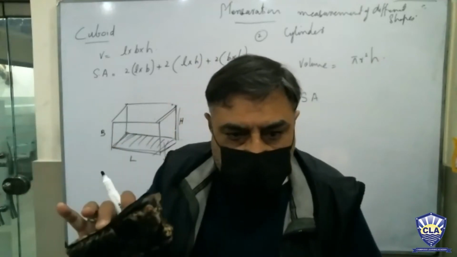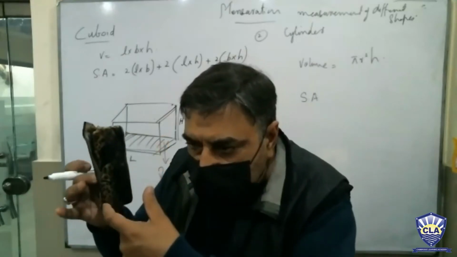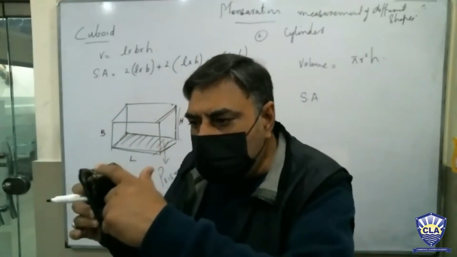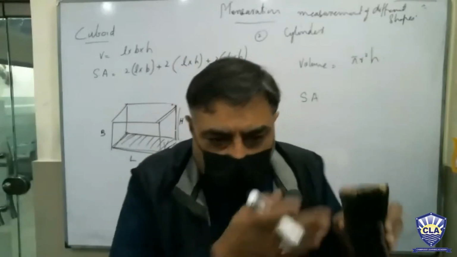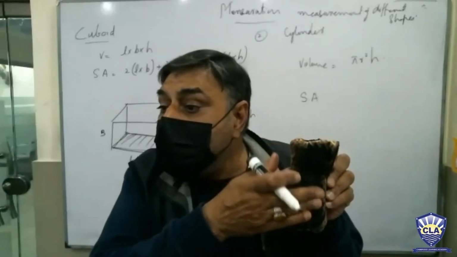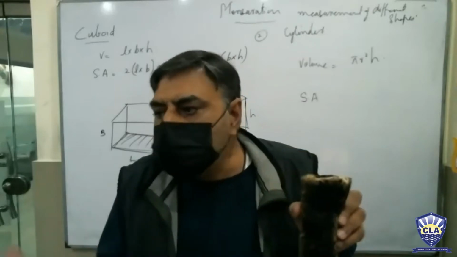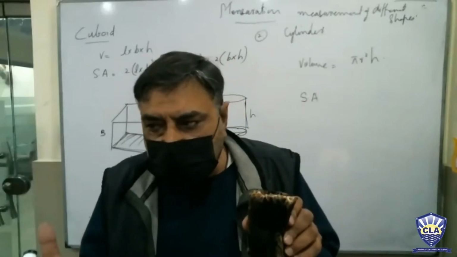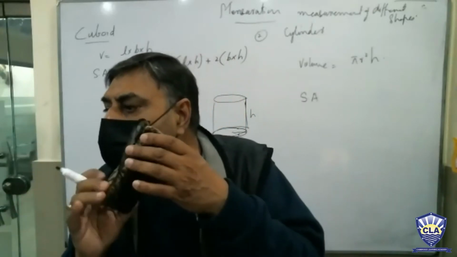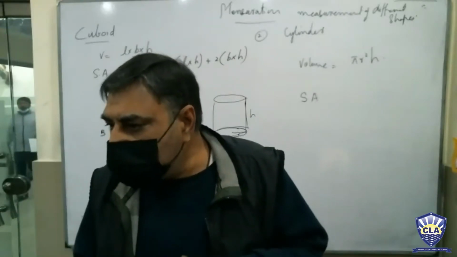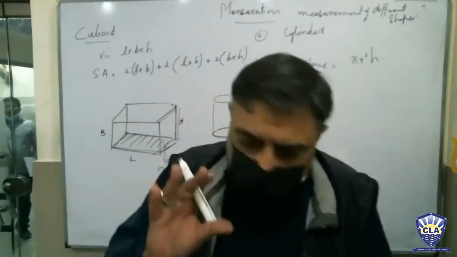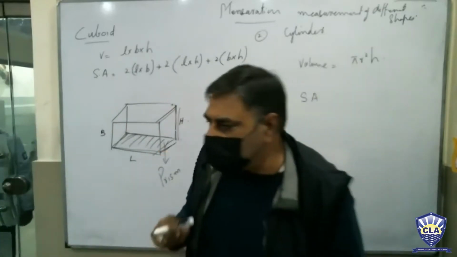Surface area: rectangle 1, 2, 3, 4, 5, 6. The area of the surface which we can touch is called surface area. Area of all the surfaces of a 3-dimensional shape is called surface area.